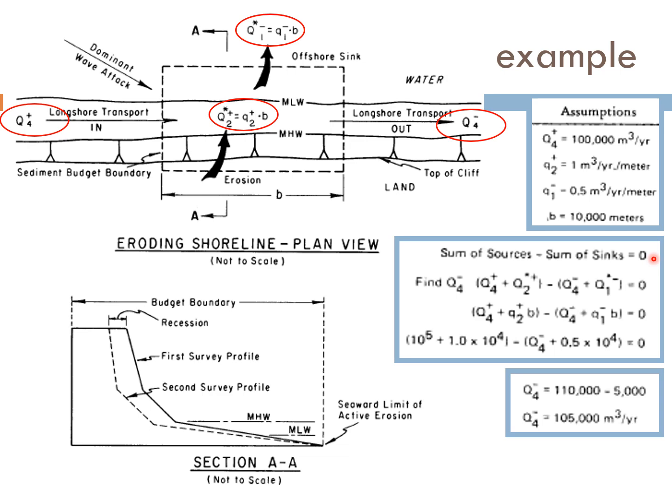So if we inspect the numbers more carefully, then we already know that there's a cliff erosion here. If we compare the longshore transport, then we find that what is going out here on the right is more than what is coming in here on the left. So which means that we have net loss in the longshore transport direction.